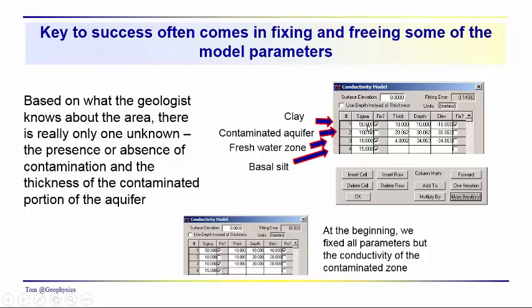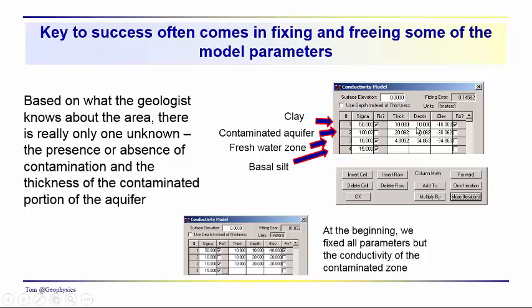So we know that the upper layer has a conductivity of 50 millisiemens per meter. We know that the uncontaminated aquifer has a conductivity of 10 millisiemens per meter, and the underlying silt 15 millisiemens per meter. So we just fix all those numbers. The geophysical log tells us that we can do this.